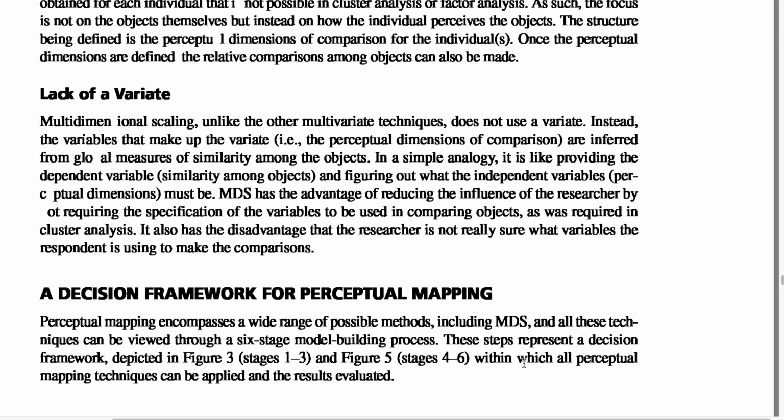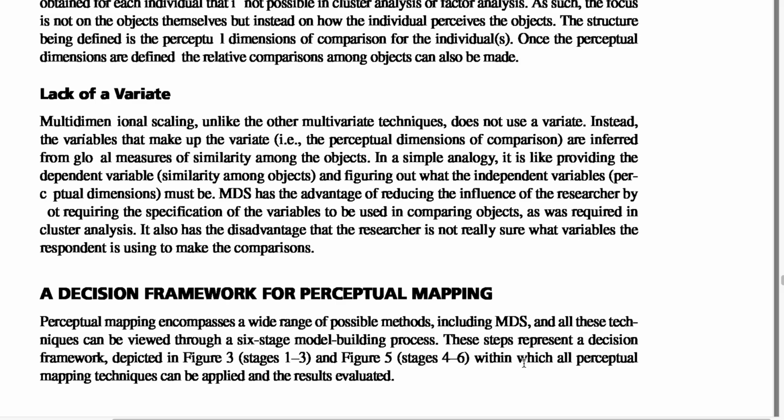In a simple analogy, it is like providing the dependent variable, similarity among the objects, and figuring out what the independent variables, the perceptual dimensions, must be. Multidimensional scaling has the advantage of reducing researcher influence by not requiring the specification of the variables to be used to compare objects, as is required in cluster analysis.